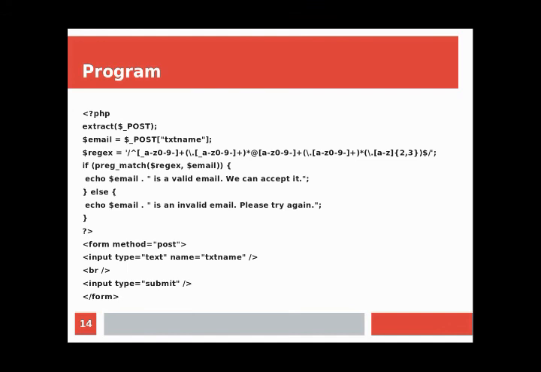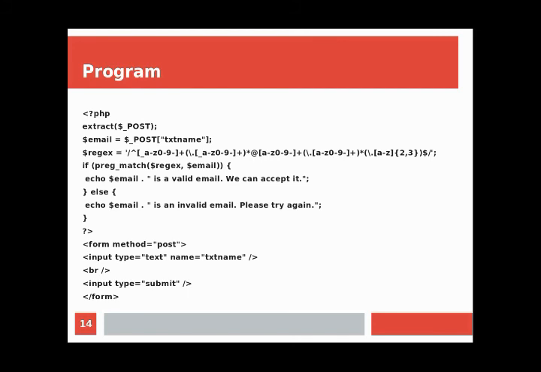That means we have to include small a to z, we have to include 0 to 9, the @ symbol, then the dot symbol, and after the dot small a to z, 2 or 3, that means for .com or .in, 2 or 3. So this is the formula, or you can say the syntax, for a valid email ID.